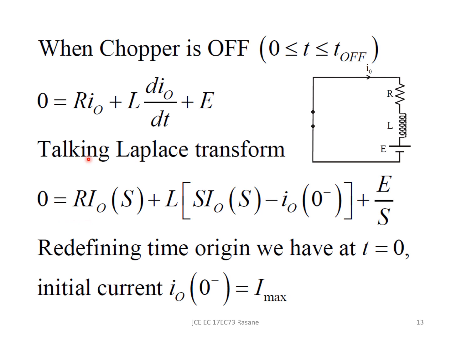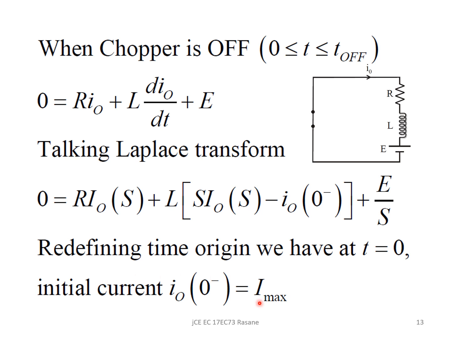So this becomes 0 equal to R into capital I naught S plus L into (S into capital I naught S minus the initial value of I naught) plus E by S. Now redefining the time origin, we have t equal to 0. Because we are only considering the T off, t equal to 0 means when the T off period begins.